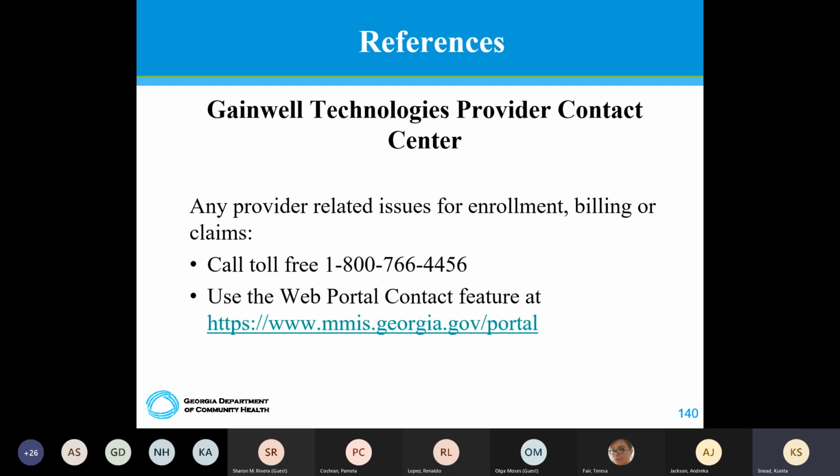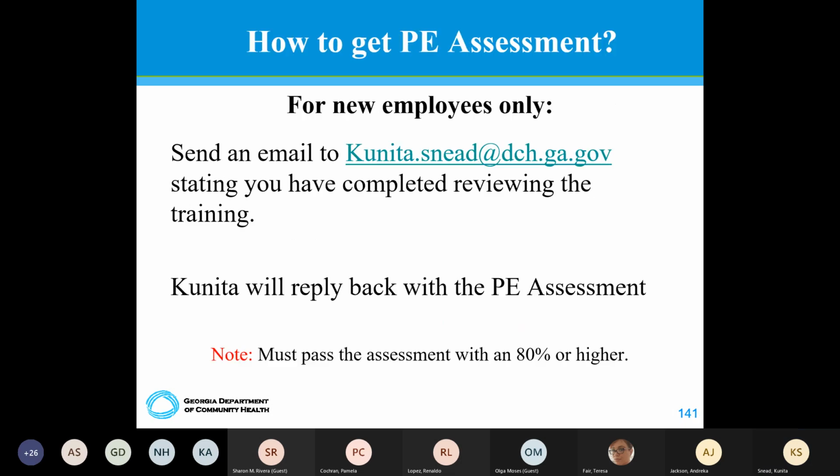They have a phone number that you can use, or you can go on the website and use the web portal contact feature and fill out a form, and then someone will reach back out to you. So if you have any billing or claiming issues, please make sure you're reaching out to the Provider Contact Center.